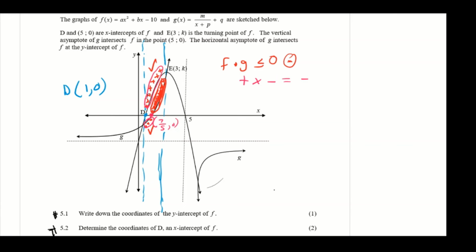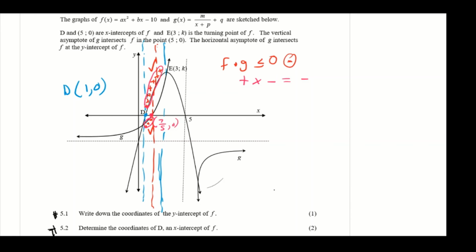So where does that happen? If I erase the part that we are neglecting and we focus where x is actually equal to 7/5, I need to create a boundary here, from this point going downwards. So this boundary will have another boundary.